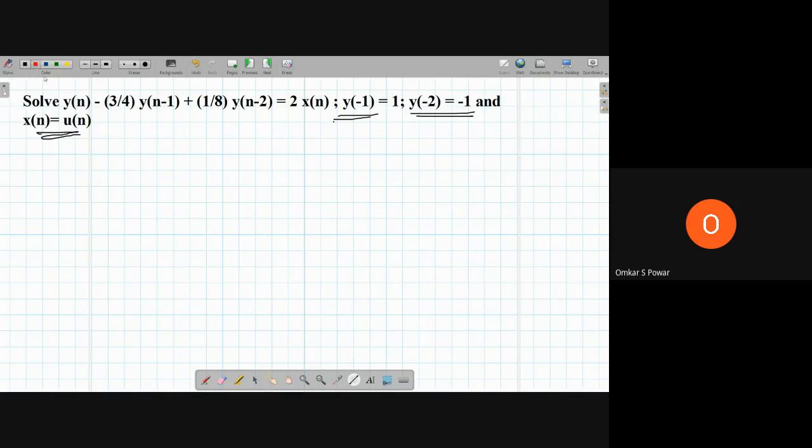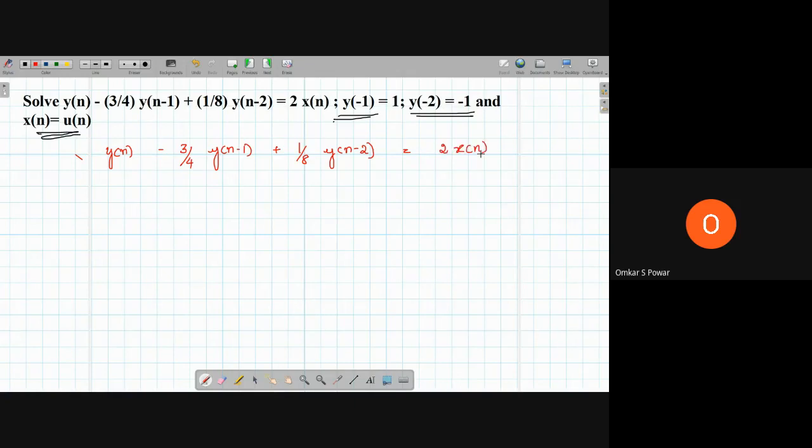So what we have to do? Just concentrate here. First, write this down. We have y(n) minus 3 by 4 into y(n minus 1) plus 1 by 8 into y(n minus 2) is equal to 2 into x(n).